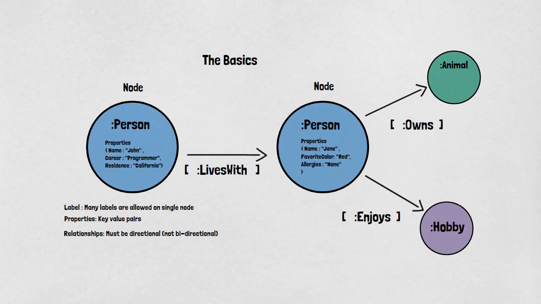But through the relationship of "lives with", I can also see that Jane must also live in California. While this is a simple example, we'll show in subsequent videos how you can perform very deep, in-depth analysis using Neo4j Desktop to understand deeper relationships between entities that you might have otherwise overlooked.